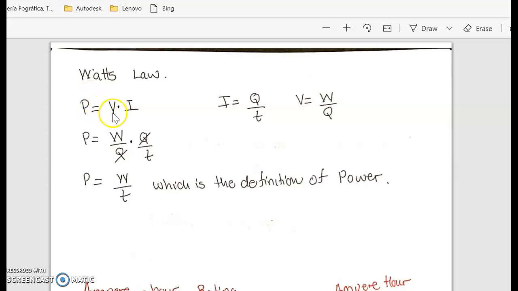We know that the definition of voltage was work over charge, and the definition of current was charge over time. So we replace them by their definitions, then we cancel the charges and we get work over time, which is actually the definition of power.